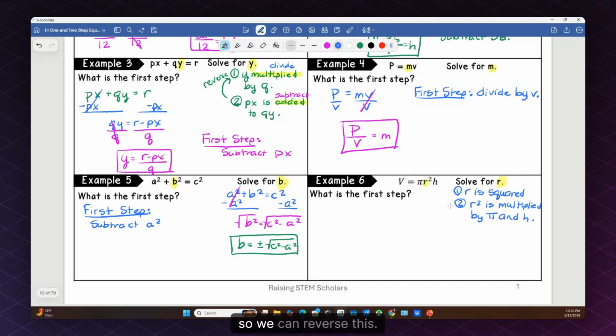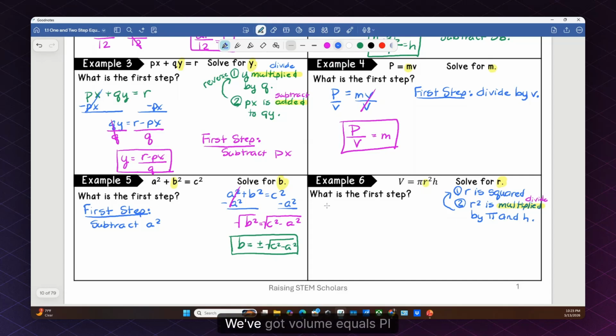Okay, so we can reverse this. If this is multiplied by pi and h, we can divide by those. Okay, so let's do that.